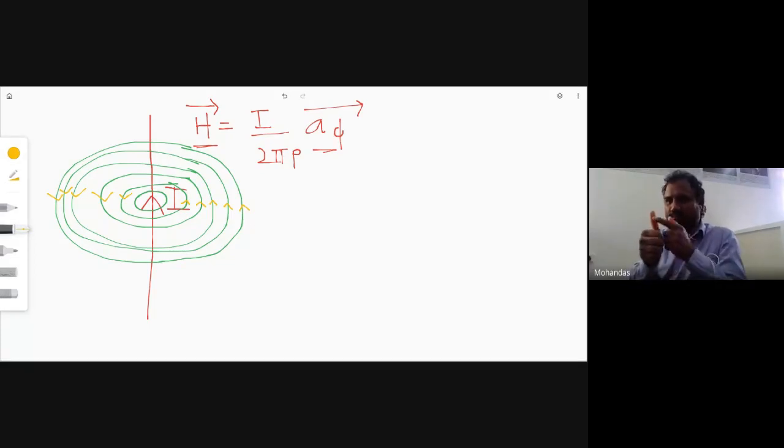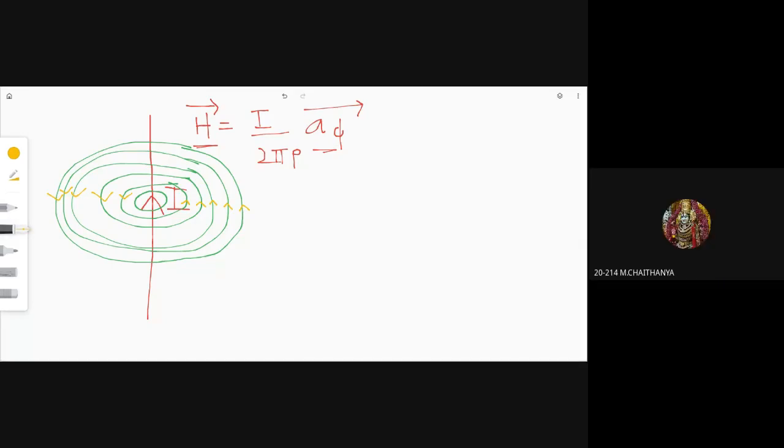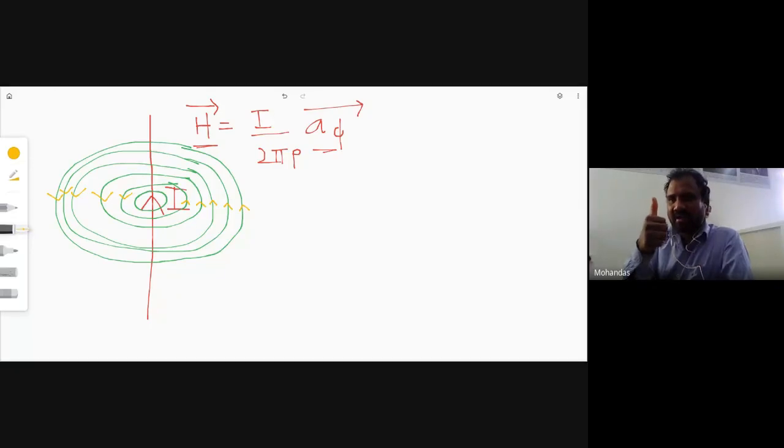So this thumb points in the direction of the current, as it is a straight conductor which carries the current I. What about these four fingers or curved fingers here? This curved finger shows the magnetic field. Very good, the direction of the magnetic field.